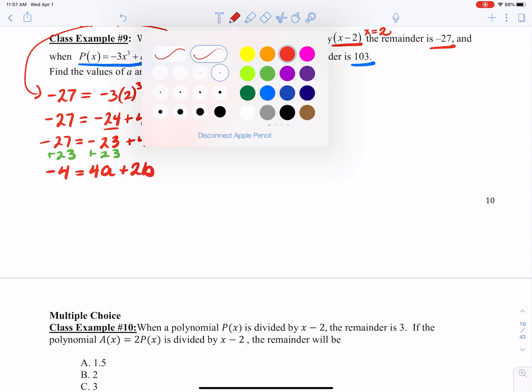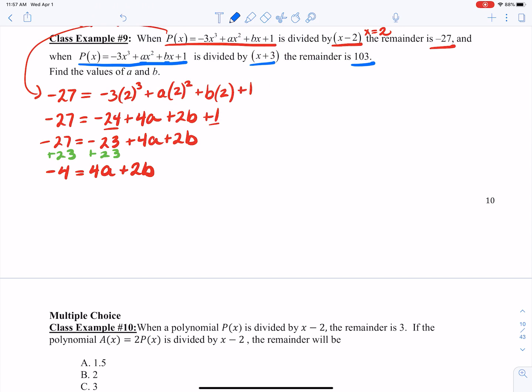So nice and simplified. Now I'm going to take the second divisor and remainder and sub it into the polynomial and simplify that. I know that whole polynomial is equal to 103, and that happens when I sub in x is negative 3. So go ahead and sub all of that in. All right.